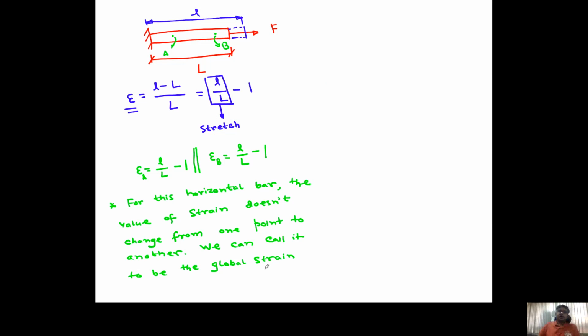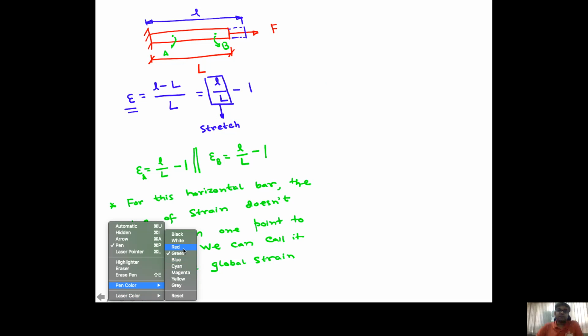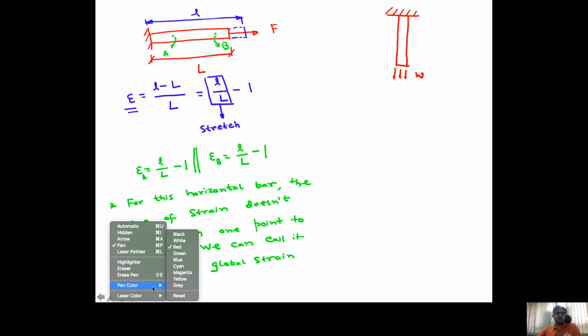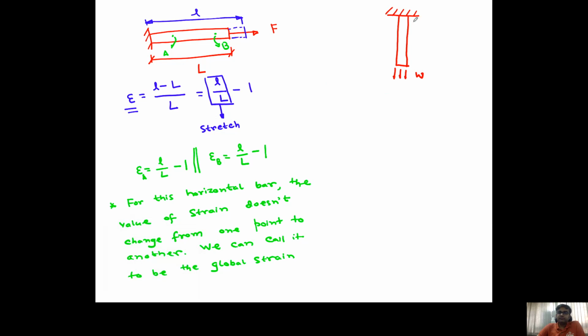Right? Now let us take another example. And in this example, we again have a bar, and now that bar is being acted upon by its self weight or the acceleration due to gravity. So this is the self weight of the bar. Right. Now what happens in this case? Similar to the previous case, we have two points again.